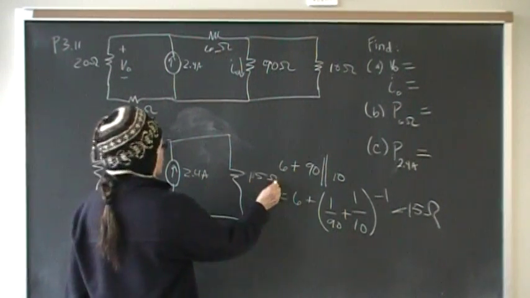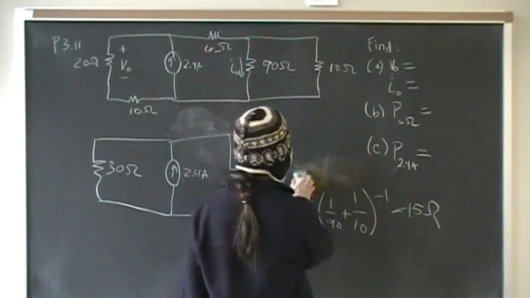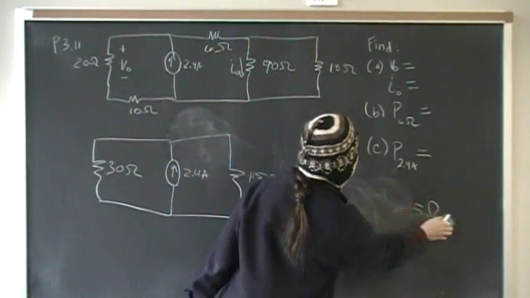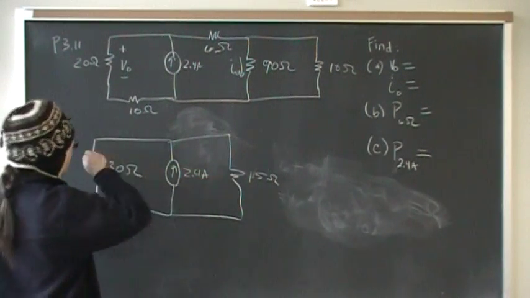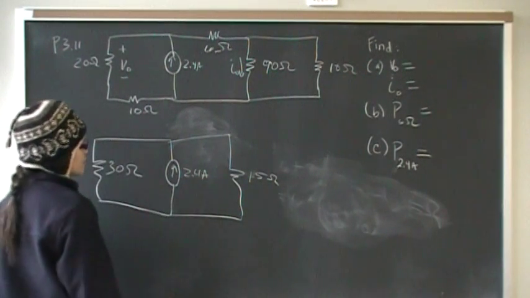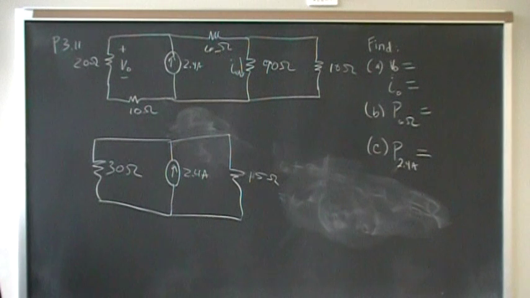At this point, you can probably use common sense to figure out how things will divide, since there is less resistance here. But rather than use common sense, because on a test you might not see that, you want to just apply current division.